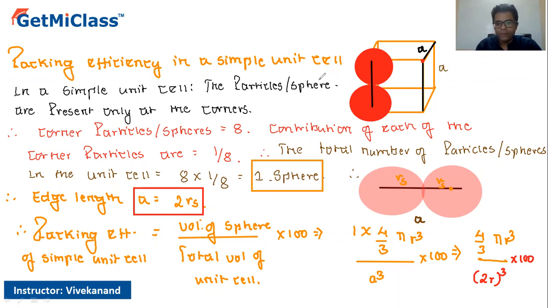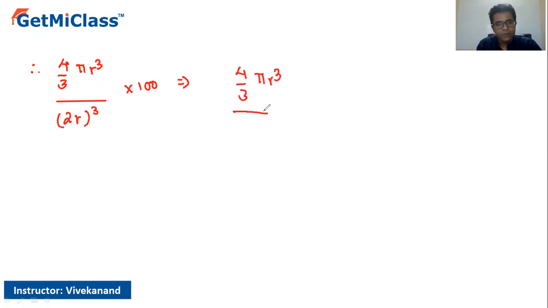Now let's clear up the things first. What we have now is 4 by 3 pi r cube divided by a cube. The value of a was 2r, so (2r) cube, into 100. This gives 4 by 3 pi r cube divided by 8 r cube into 100.